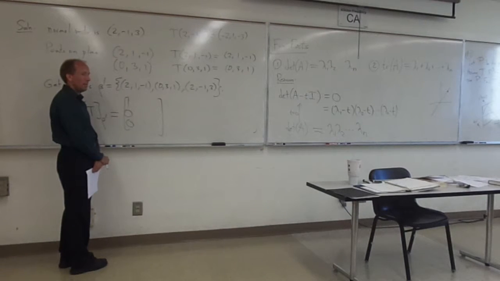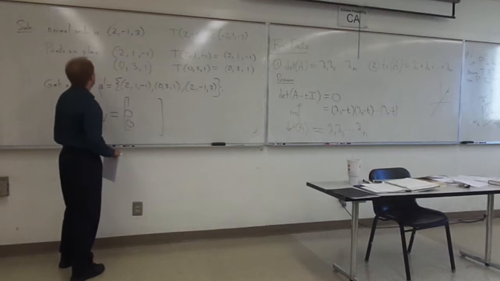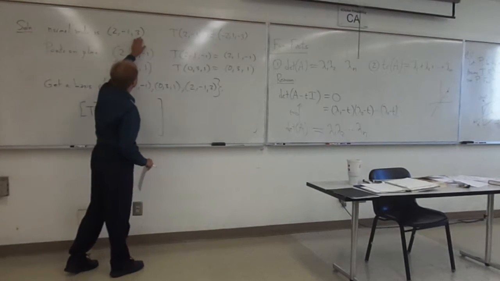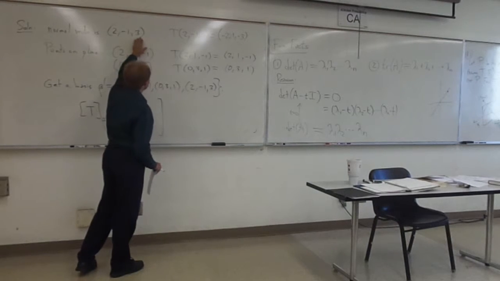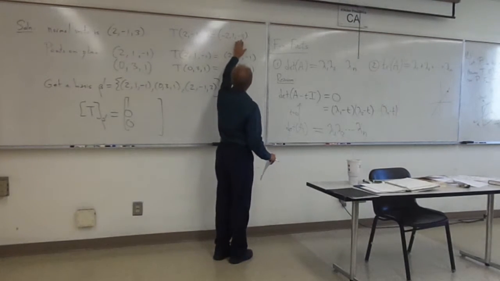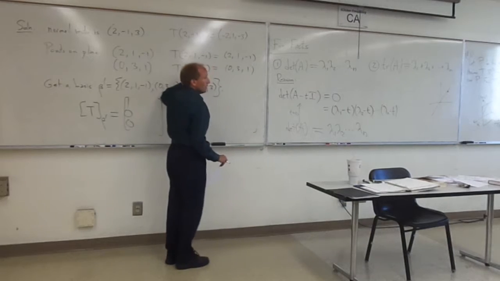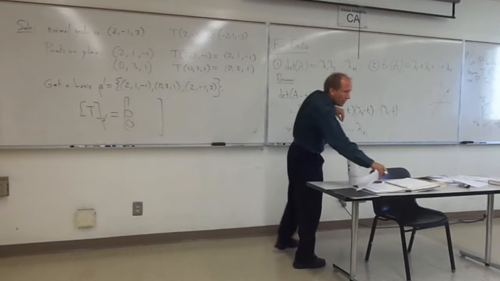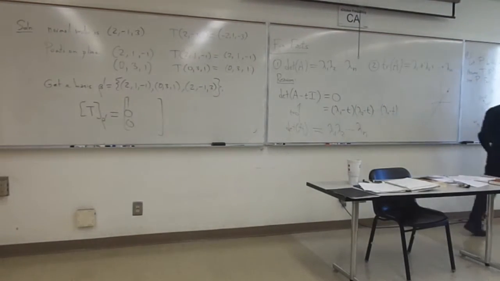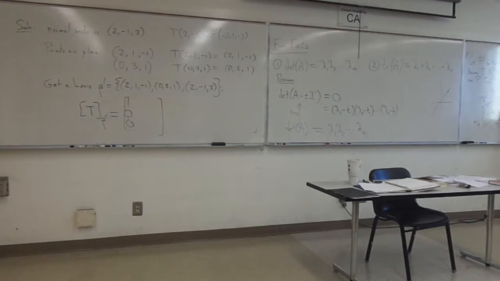I guess I don't understand why when we transform the first points, the (2, negative 1, 3), we got (negative 2, 1, negative 3), and then we transform the other 2, we didn't. It's because of the geometry of it. If I start with points that are on the plane and I transform them, they don't move.